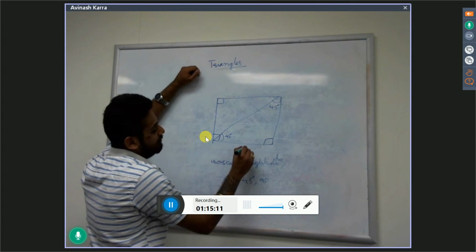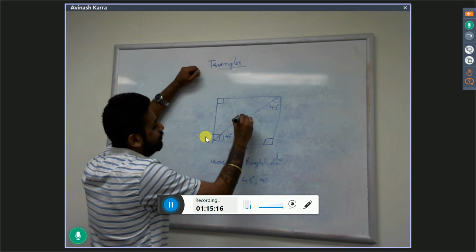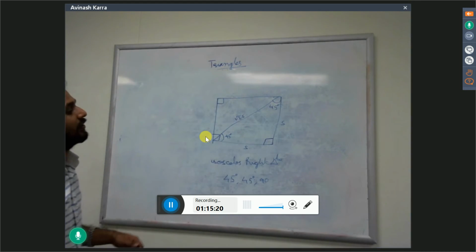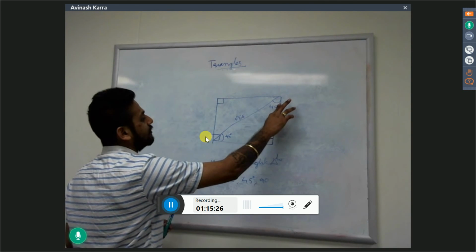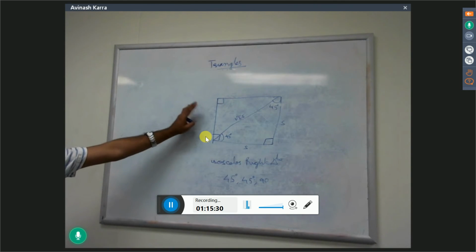So if the side is S, this one will be root 2 into S. Please remember this.